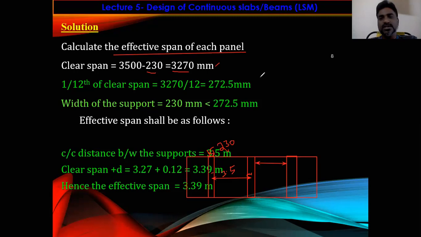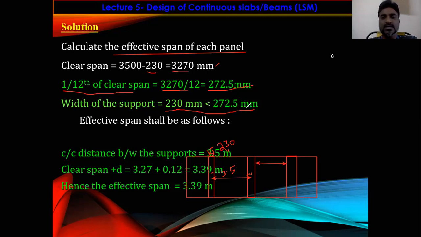So you need to determine that before calculating the effective span. So 1/12 of clear span, that is 3270 by 12, what is that? 272.5 mm. So the width of the support is 230 mm, and 230 mm is less than 272.5. So therefore the effective span can be determined same as a simply supported beam.